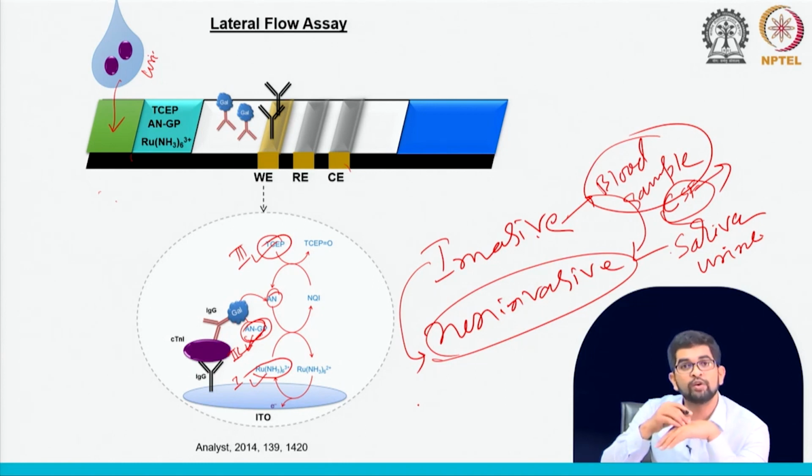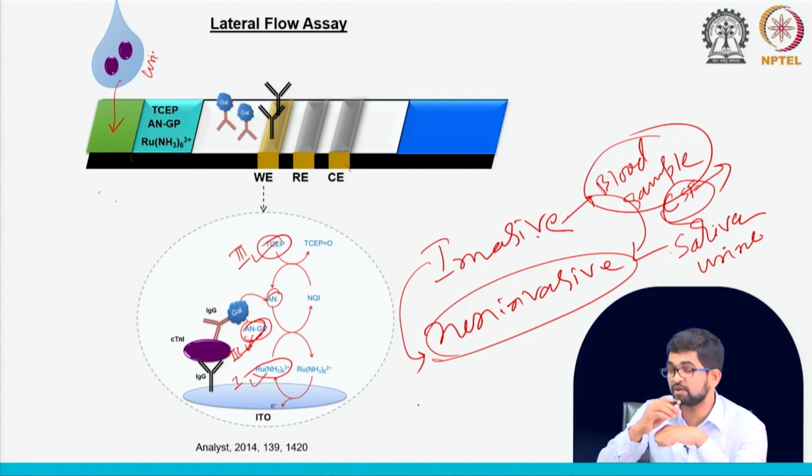You have to use a microneedle. Sometimes people think of using a microneedle and getting the interstitial fluid just under your skin, that is also sometimes invasive, but sometimes minimally invasive. So we can develop some microneedle like a band-aid you can put on your skin, and this needle will not hurt your nervous system.